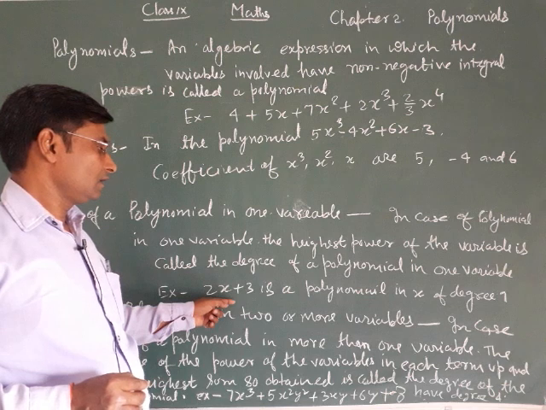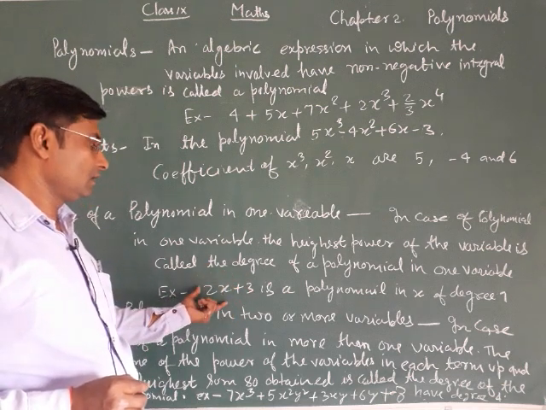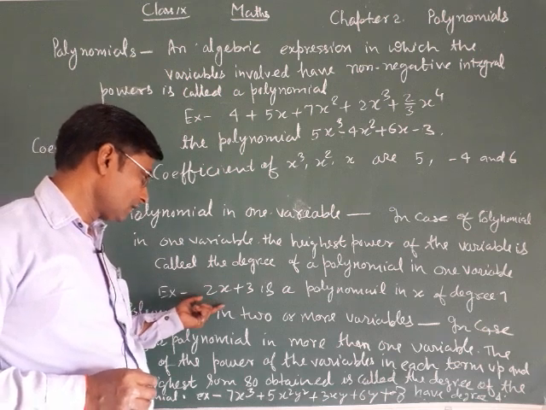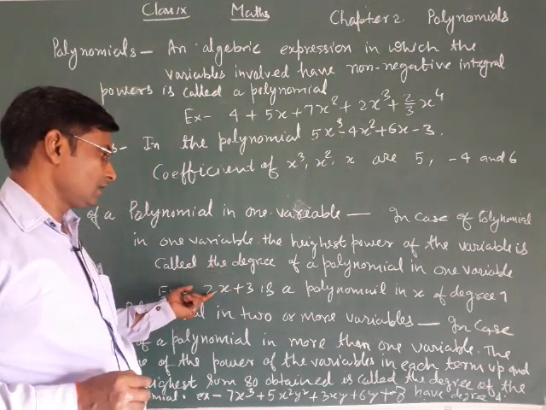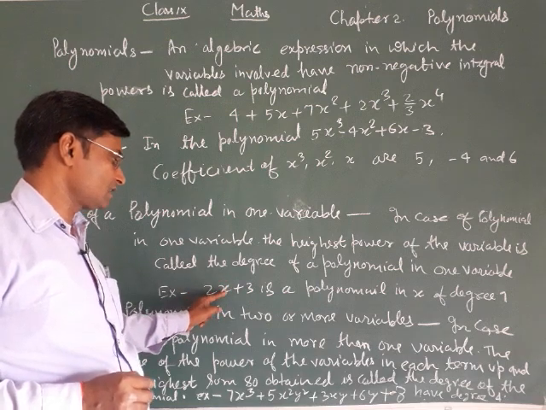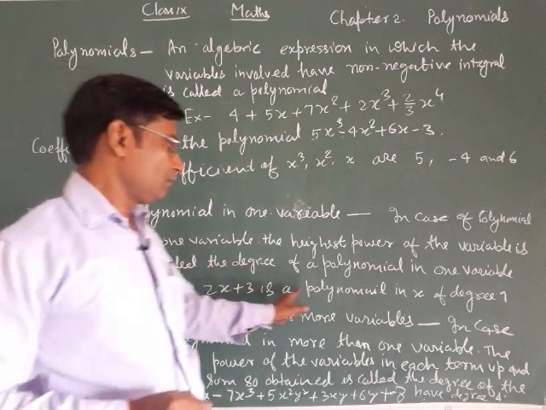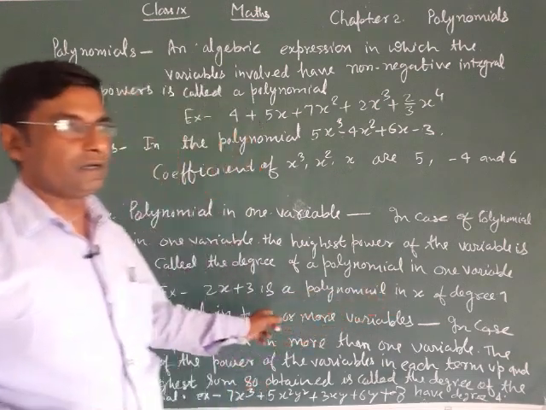This equation is a polynomial in terms of x and has degree 1. This is x power 1. So the polynomial in x has degree 1.